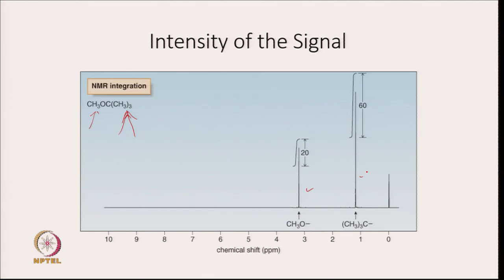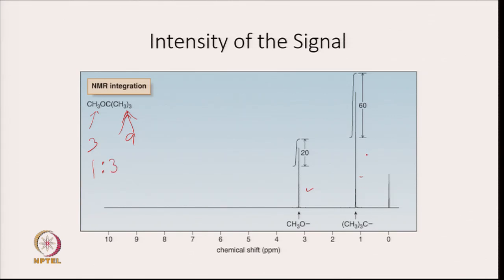Here there are only 3 protons and there are 9 protons here, so what you expect is that if we normalize intensity, this should be in the ratio 1:3.